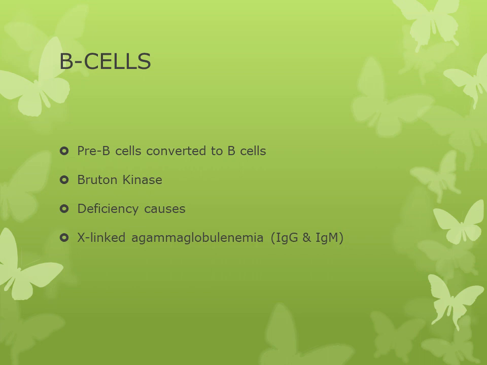Deficiency of this enzyme results in a disease called X-linked agammaglobulinemia. In this disease, the B cells are absent, and the person can suffer from severe bacterial infections like pyogenic infections. So this is the important thing about the maturation of B cells: the deficiency of Bruton's tyrosine kinase enzyme.